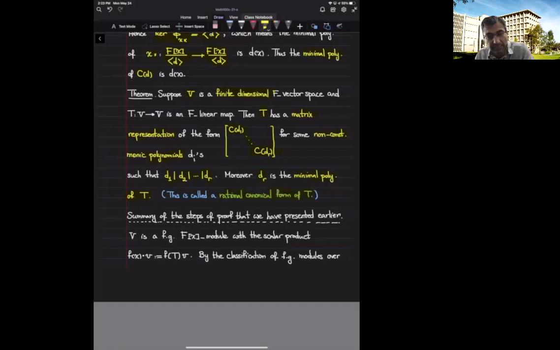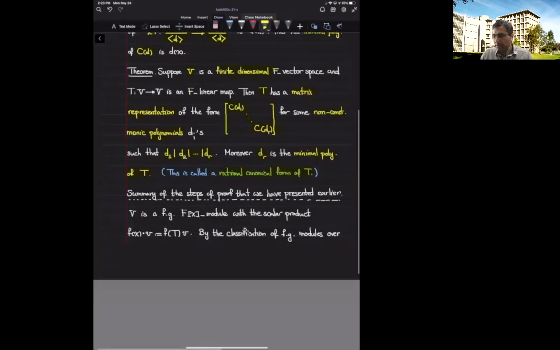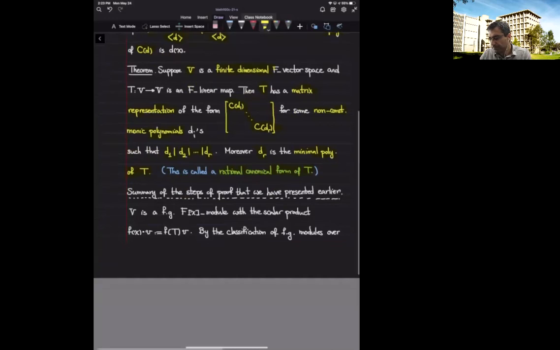So we just discuss the existence part. So this theorem implies the existence of a rational canonical form for a linear transformation from a vector space F^n to a vector space F^n.